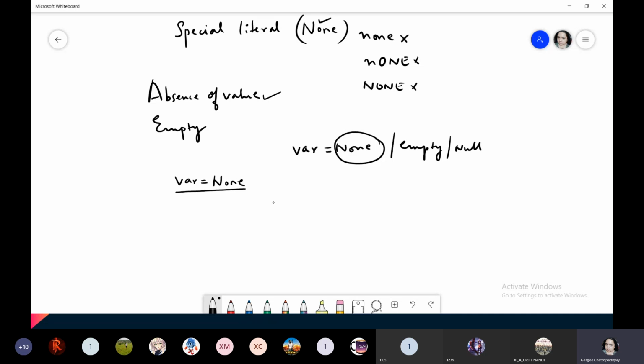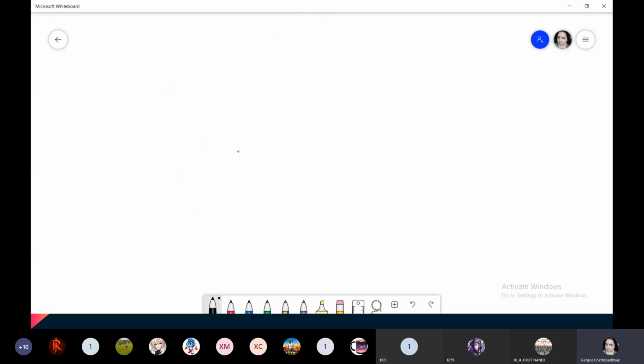You can provide it the value None. Later on, as your program proceeds, it can contain a string value, an integer value, a float value, and so on. But right in the beginning, you want that it should not contain any particular value, and hence you can provide None to that.